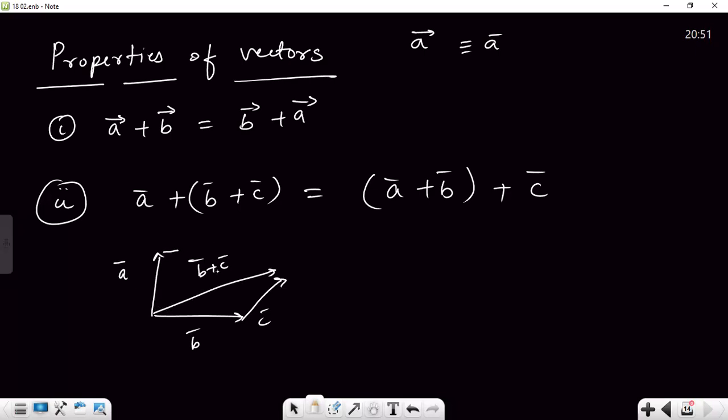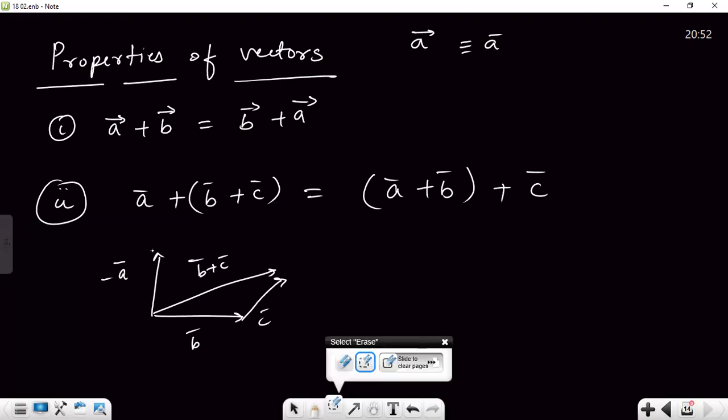It's not connected properly, so we have to displace the A vector. How do we displace? We can displace it by reversing. First, we have to reverse the vector's direction, so I'll simply put a minus, we'll change the direction.